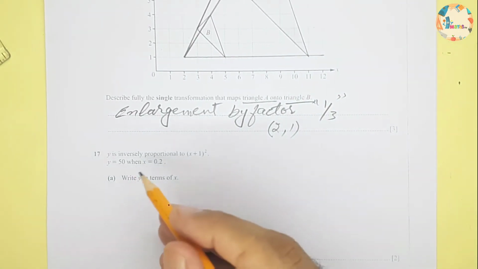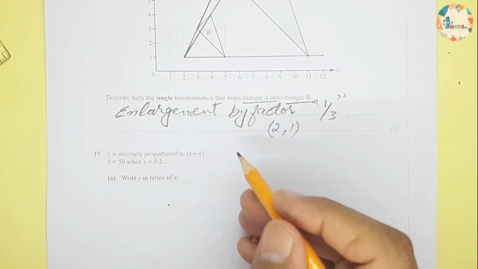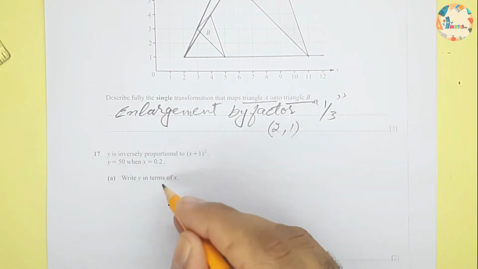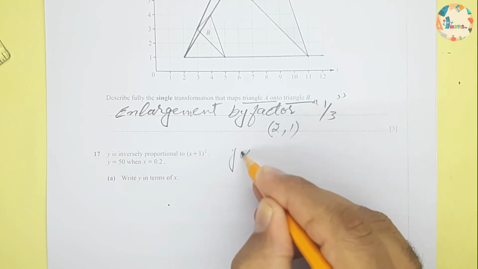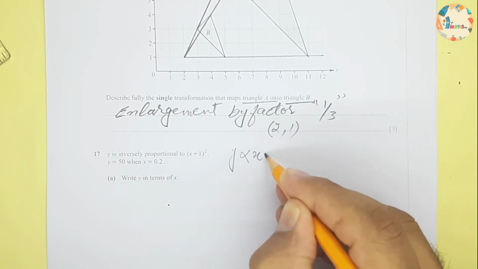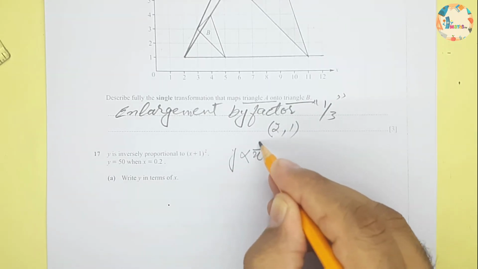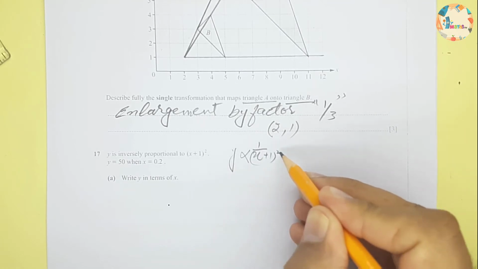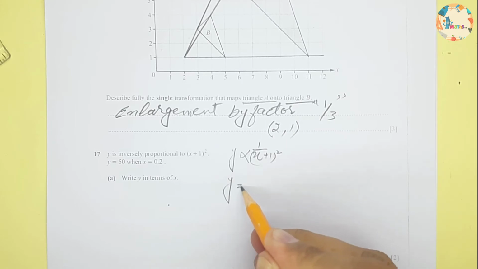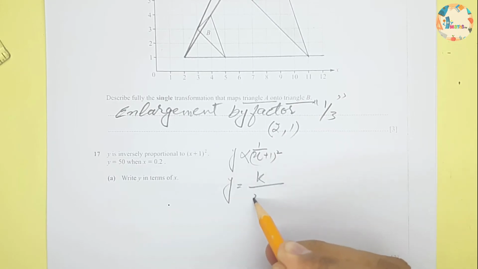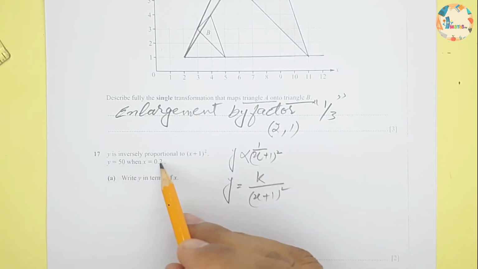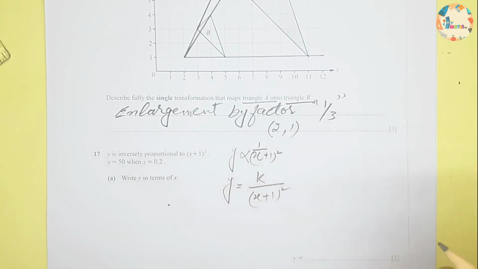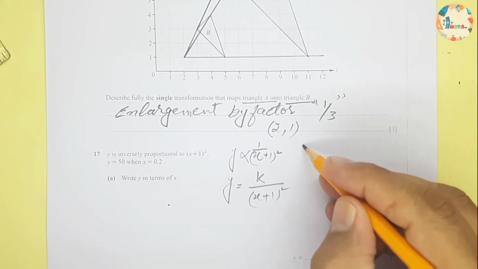Now question number 17, y is inversely proportional to this. So the equation will be y is inversely proportional to x plus 1 whole squared. So this means y is equal to k over (x plus 1) whole squared, and they're saying y is equal to 50 when x is equal to 0.2.